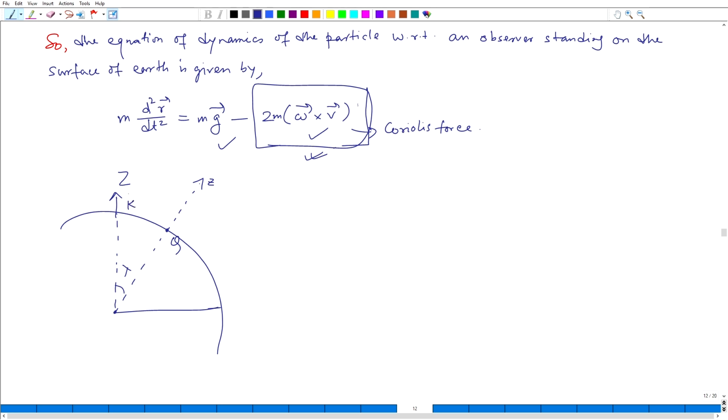This is the capital K cap direction, this is the small k cap direction. If this is co-latitude lambda, then the latitude will be 90 degrees minus lambda. Then one can choose, without losing any generality, the small x direction, the i cap direction, along the tangent plane of the surface of the earth.